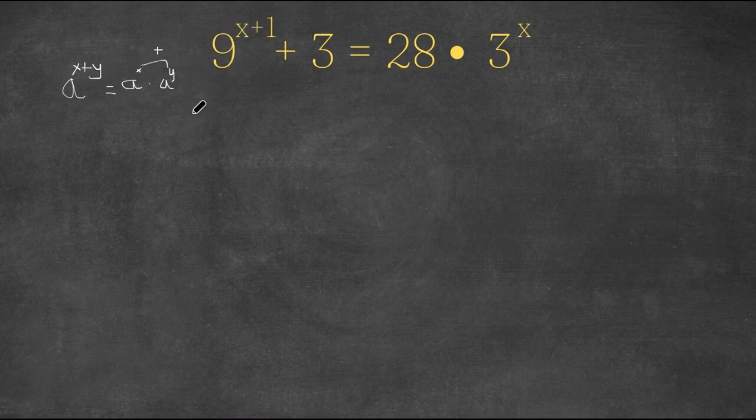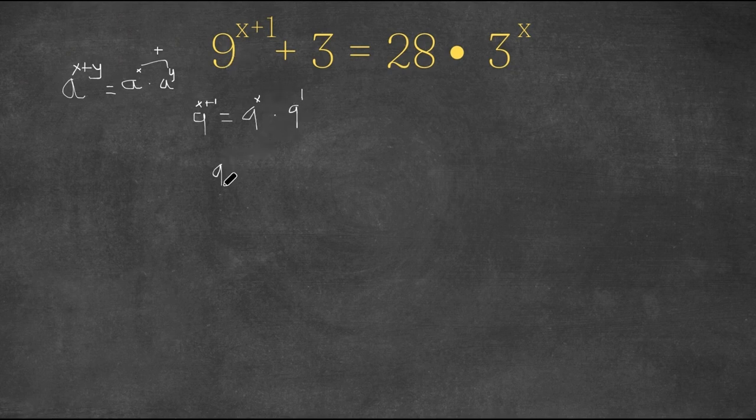So what we do is we write 9 to the power of x plus 1, and this equals 9 to the power of x times 9 to the power of 1. So now that we converted this, why don't we write our original equation again?